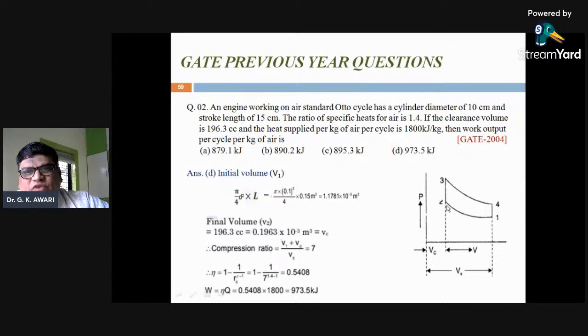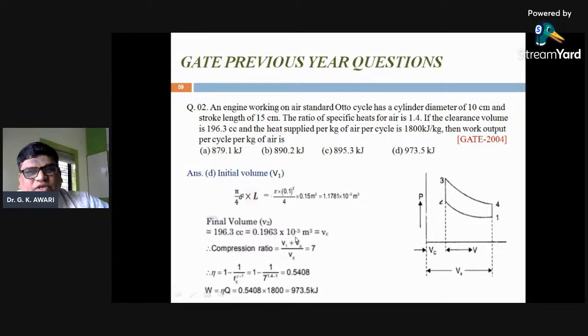What is the clearance volume? The clearance volume VC is given as 196.3 cc, so 0.1963 into 10 to the power of minus 3 meter cube, because it is given in cubic centimeter.